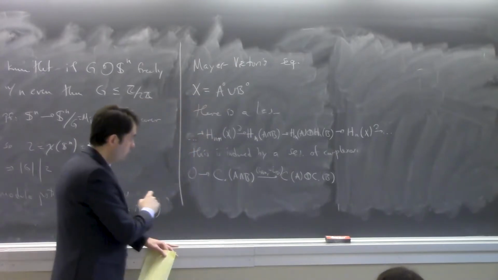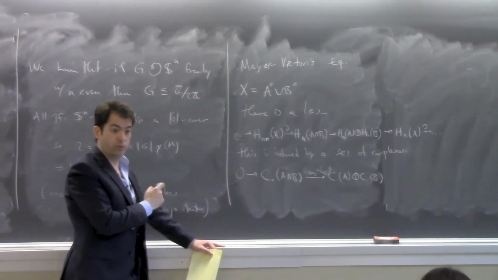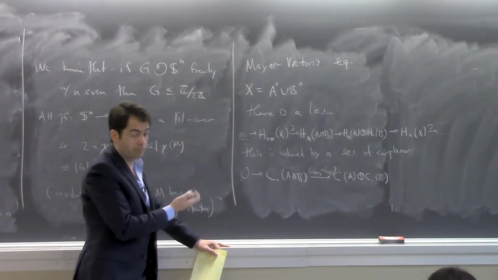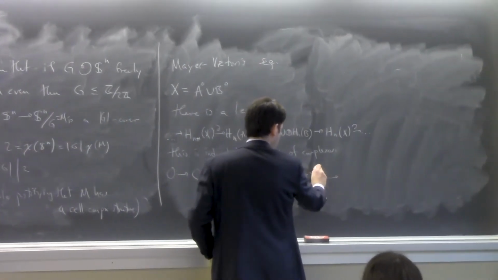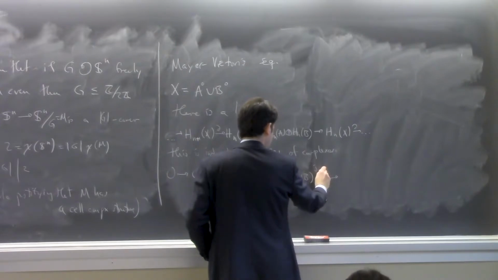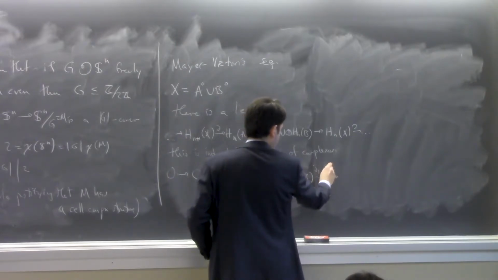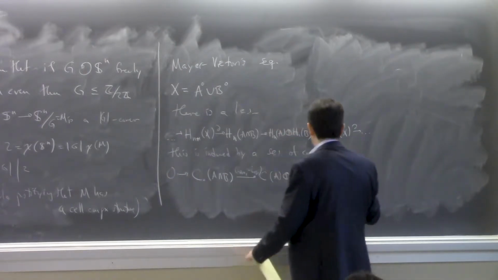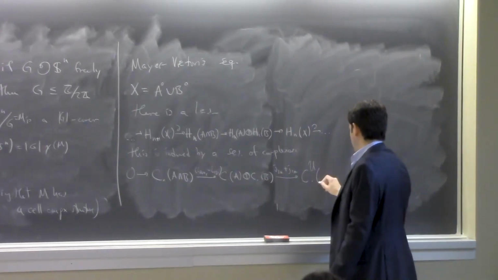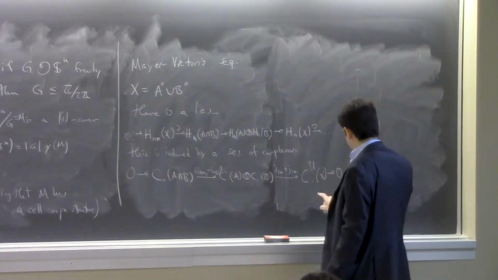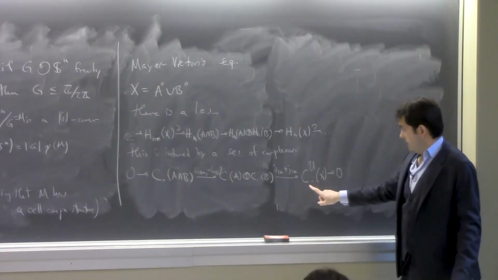So I'm going to take the inclusion into A and then minus the inclusion into B. And then here, I'm just going to sum the inclusions into X, but I'm going to have to use this guy.